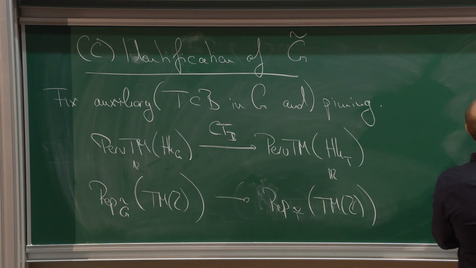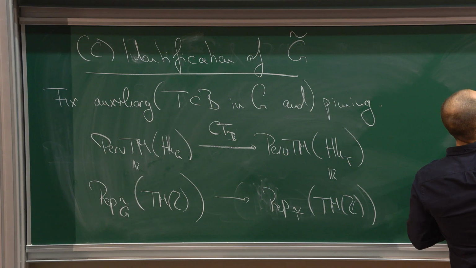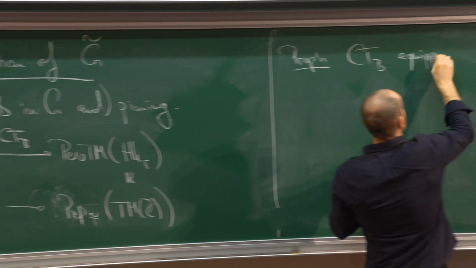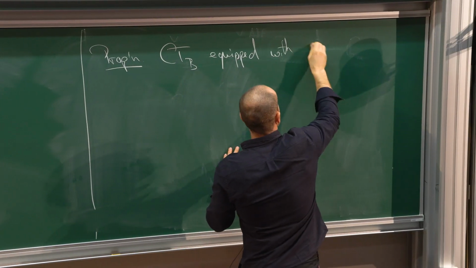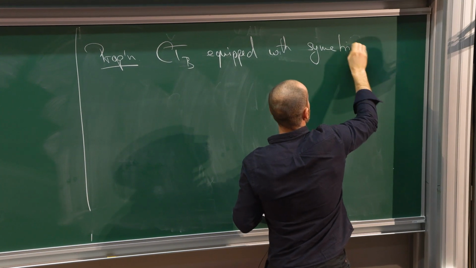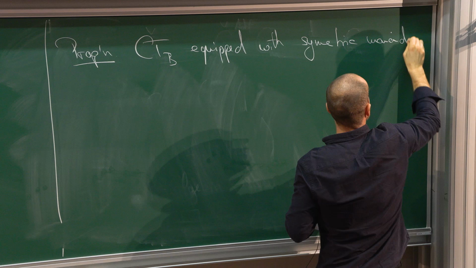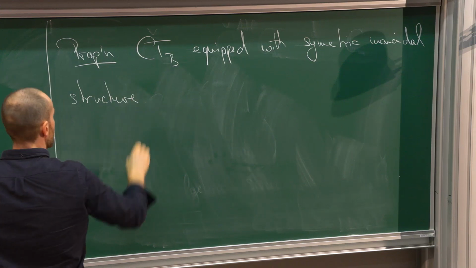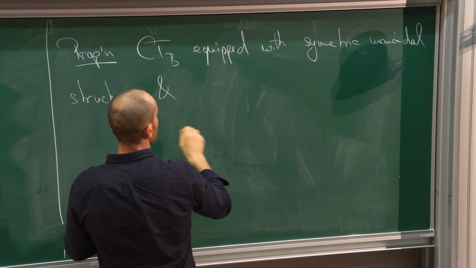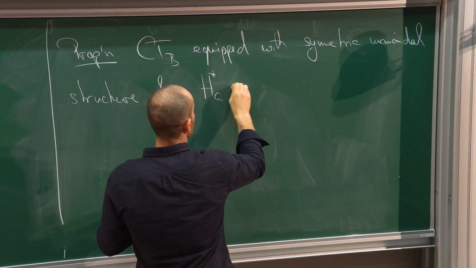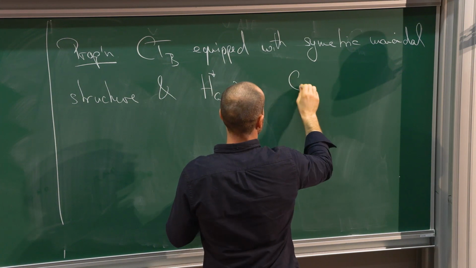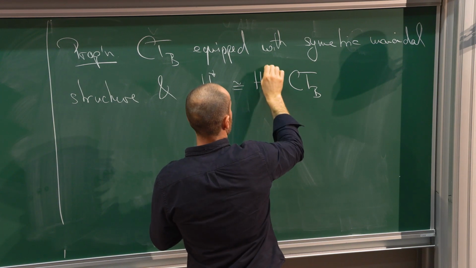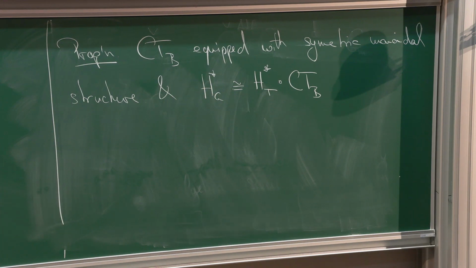And proposition. This constant term is also equipped with some symmetric monoidal structure, and also with an isomorphism of functors, where you first go through the constant term and then postcompose with the cohomology on the torus.